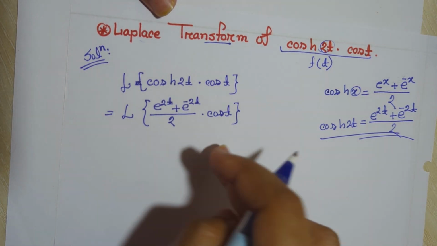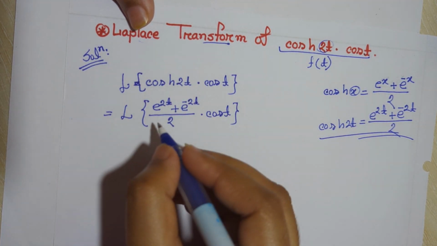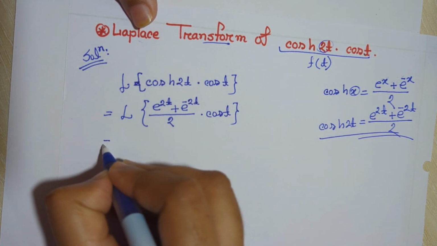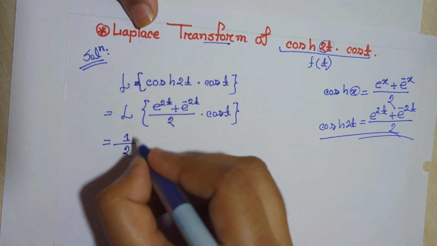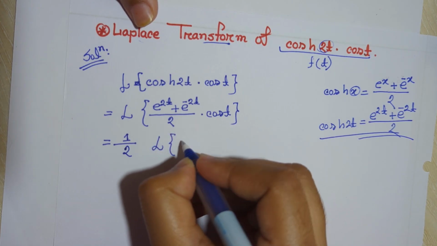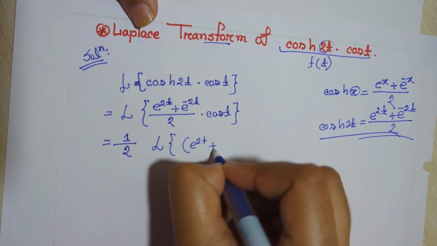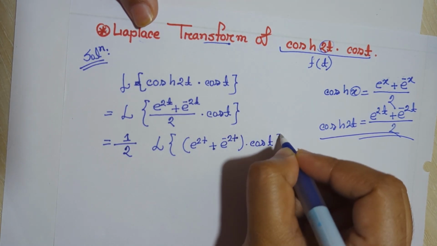If we write this exponential term there, it will look like this. Here 1 divided by 2 is a constant term, so we'll take it out from the Laplace transform, and our remaining term will be e to the power 2t plus e to the power minus 2t, into cos t.